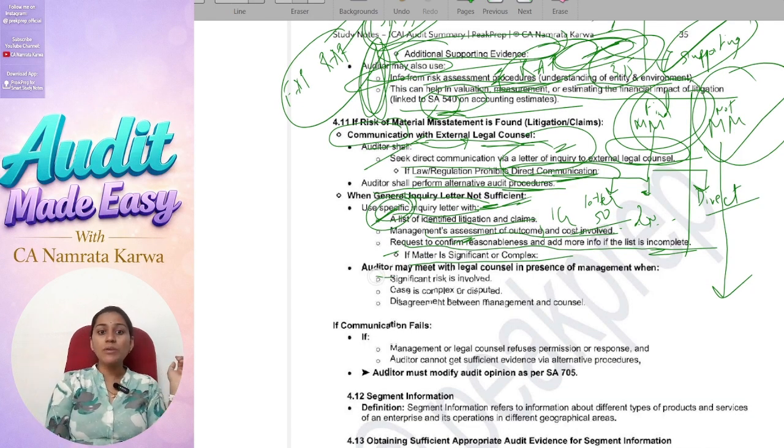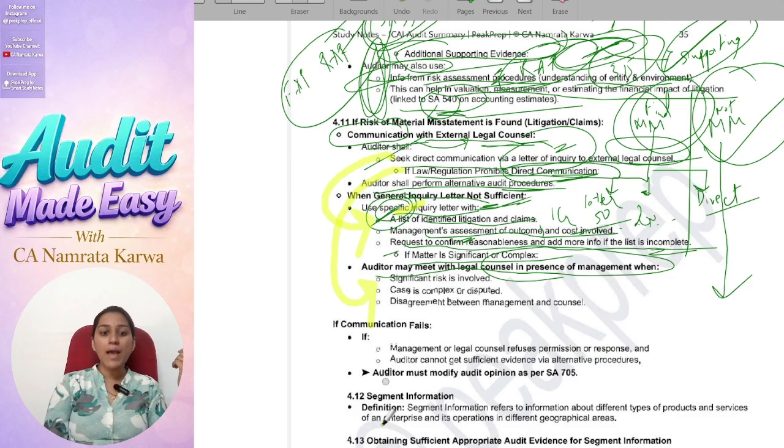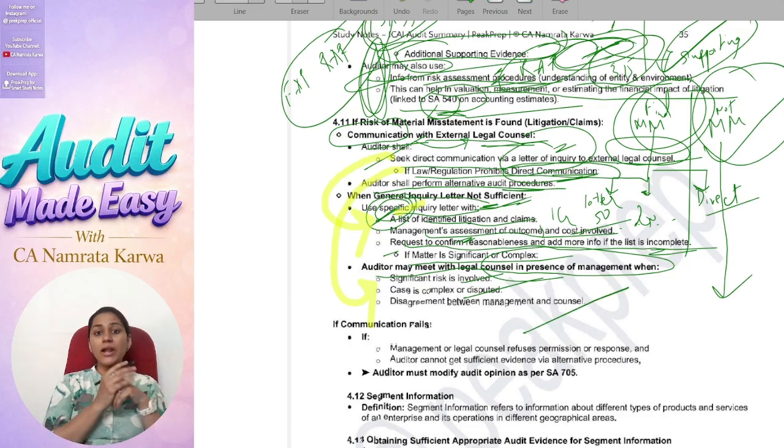Then the auditor may meet with legal counsel in presence of management. This is the second one, direct communication. Interrelate these two: letter of inquiry, use general or in case specific; then direct communication in presence of management, do not forget this, where significant risk is involved, the case is complex, or there is disagreement between management and counsel.